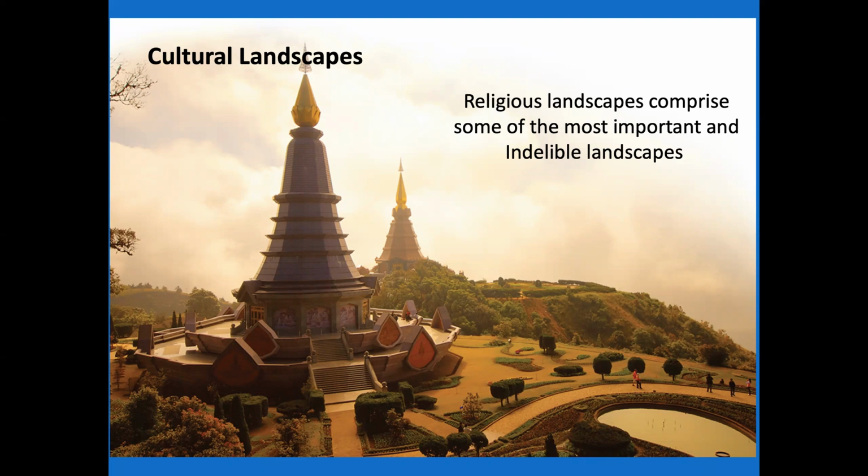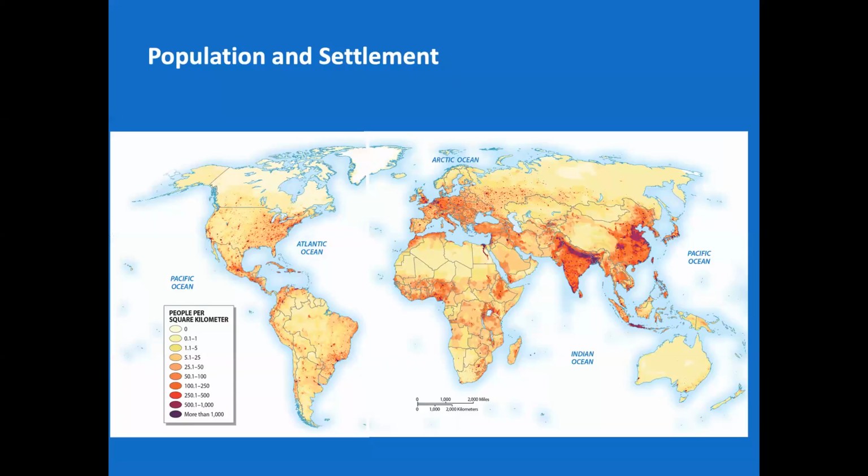So that gives you a sense of how significant and how prominent these buildings are in the world. Think about a place like Rome or the Vatican. Think about Mecca in Saudi Arabia or other such places where religion is a very, very dominant aspect.